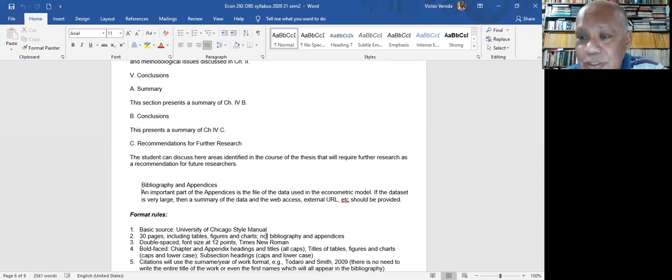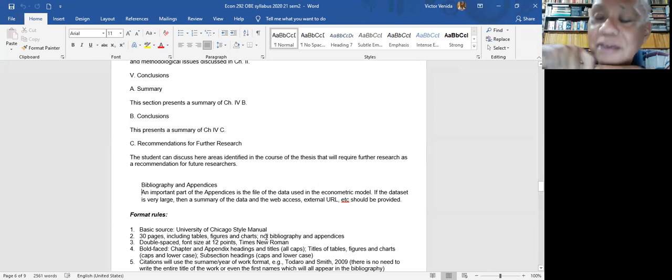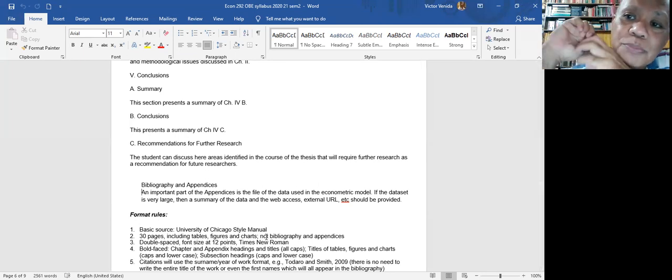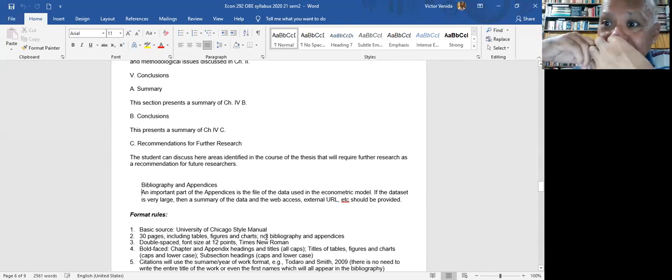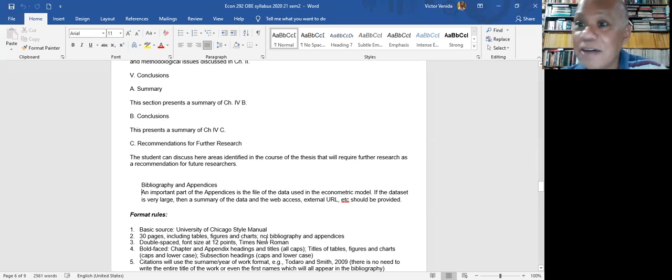Your data should all be available to all readers, all future researchers so that they can replicate it. So do not ever, ever, ever do a research paper where you use confidential data. That's not allowed. Okay, because that would be unfair to future researchers. So only those data that are available to the general public may be used.